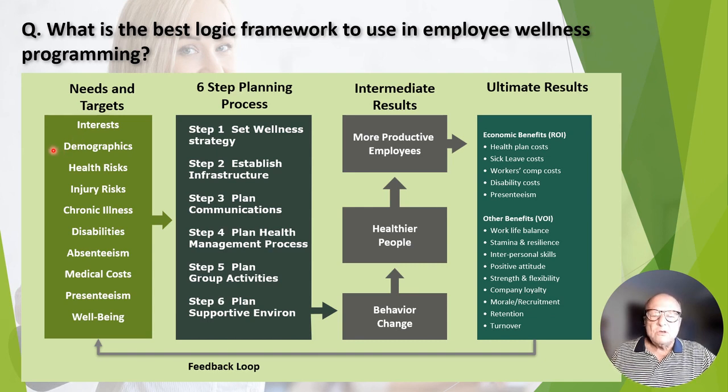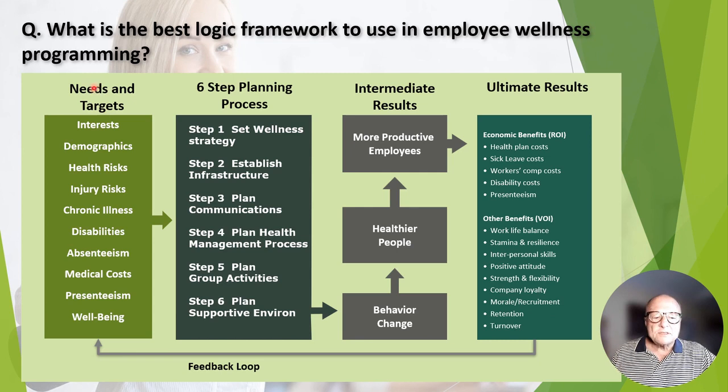It can include a look at the demographics of the population, their health risk and the prevalence and severity of those risks, injury-related risk, home, vehicular, recreational, as well as work-related risk and injury risk, chronic illness prevalence, disabilities, absenteeism experience, medical costs, presenteeism experience, and well-being issues.